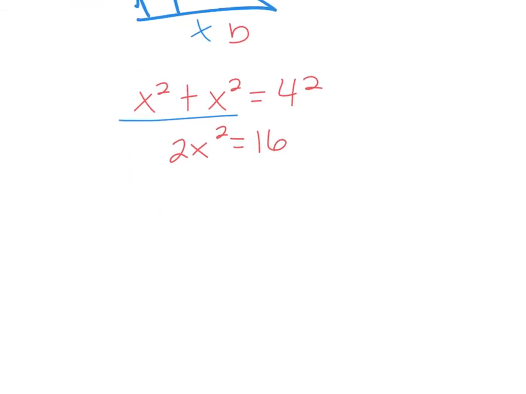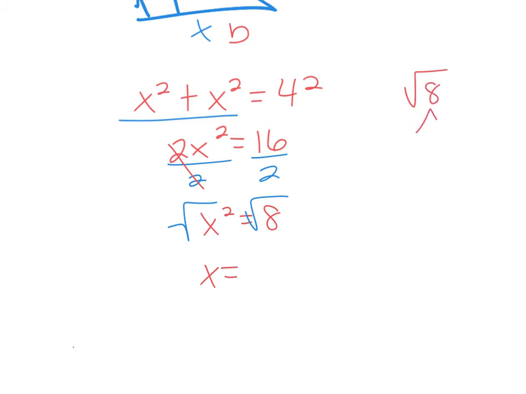Can I square root it? No, not yet. First you need to divide by 2, and this is where it's different. So those cancel, so x squared equals 8. Now you're ready to square root it. So x equals the square root of 8, which breaks up into the square root of 4 times the square root of 2. So 2 square roots of 2.